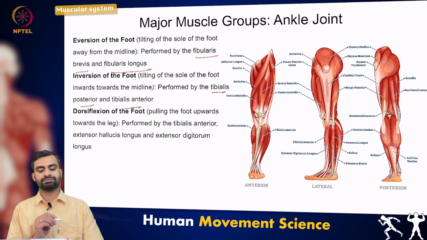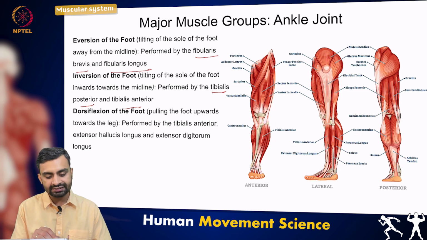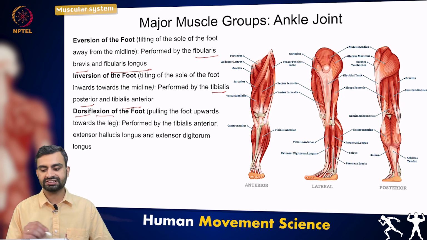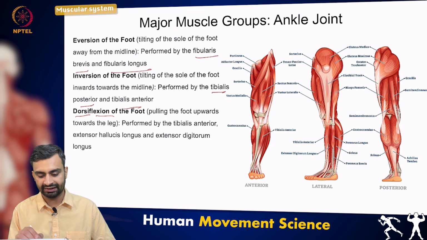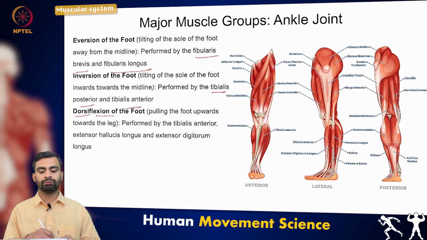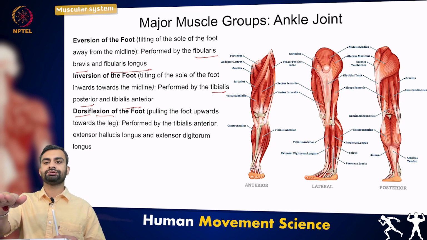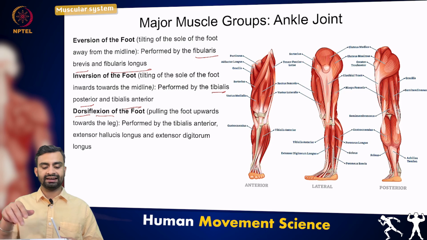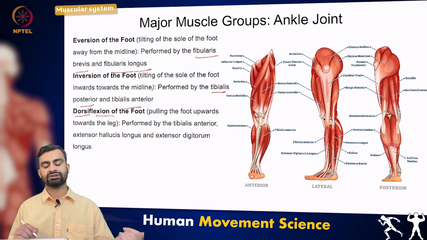Another movement at the ankle joint is the dorsiflexion of the foot, and it is one of the important movements which we will study in gait analysis. It is nothing but pulling the foot upwards. You are standing, this is your neutral position, and if you pull the foot upward toward the leg, that is known as dorsiflexion.